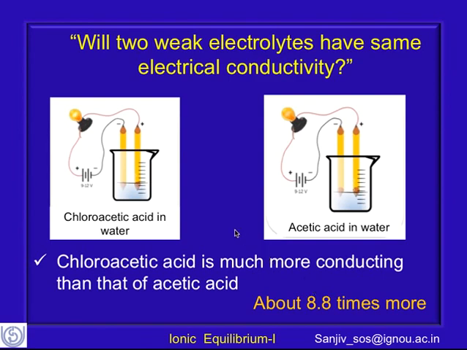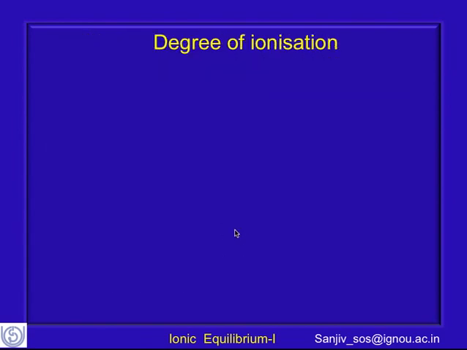Okay, let's go ahead, and just to quantify this, we define what is called the degree of ionization. Because we just said that in the case of chloroacetic acid there are more ions, whereas acetic acid gives you fewer ions. So how do we quantify that? That quantification is done in terms of a parameter called the degree of ionization.